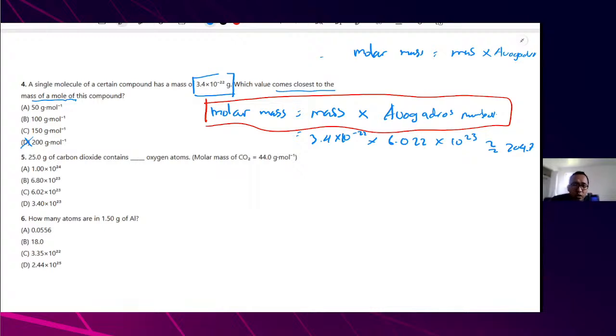I have a chart that I will show you, which will be very helpful for us to understand the concept of the formula.